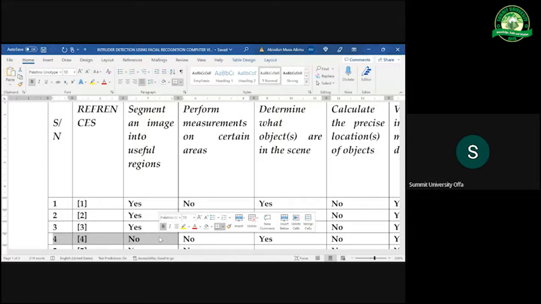So it means you don't have to include that paper in your table. The papers you will include in your table will be those that you have reviewed and said the author used segmentation technique. If the author has not used segmentation technique, you don't have to include that paper in this review that we want to do.